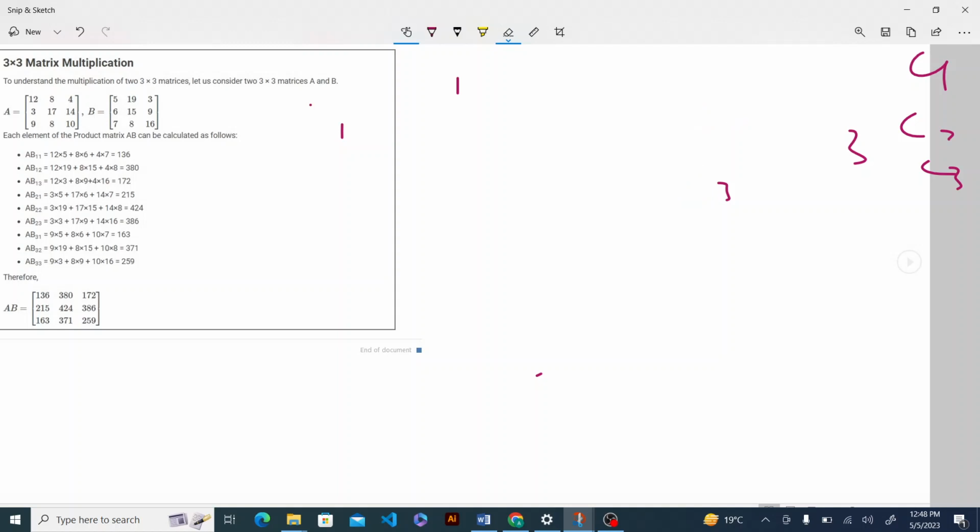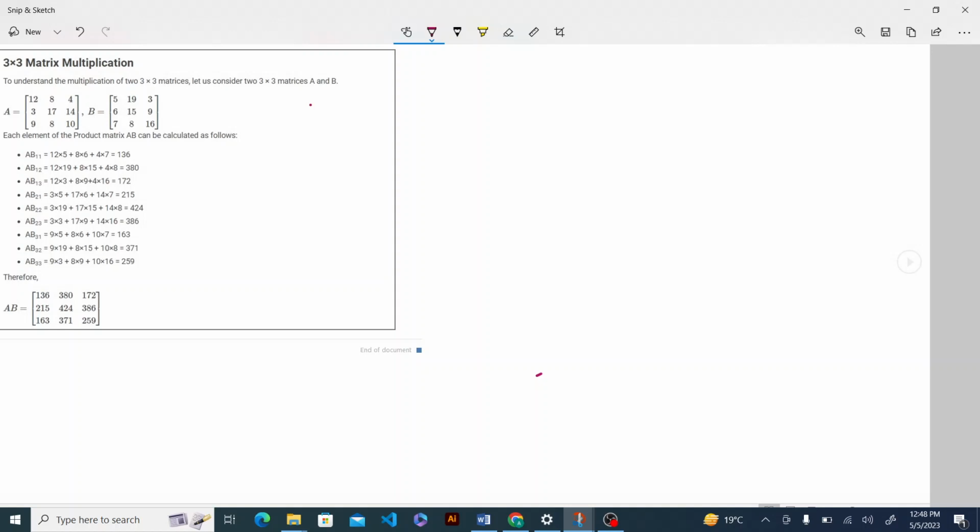Let me clear the board first. So here is the first row, which has three elements, 12, 8 and 4. And here is the first column, which has to be multiplied first, meaning first row first column, AB 1 1.